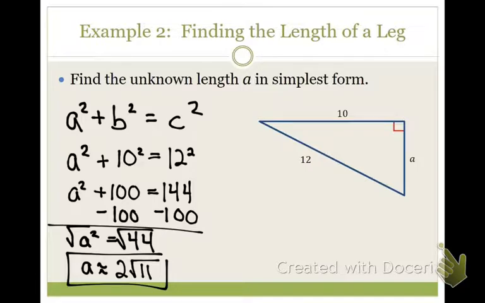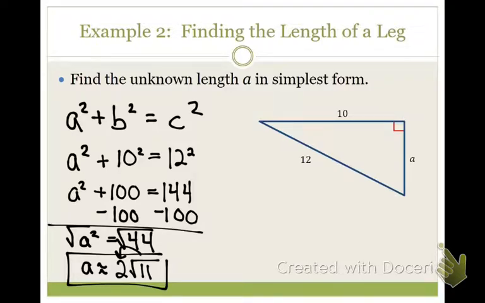There was a perfect square factor of 44. And if they pulled a 2 out, what does that mean the factor was? The square root of some number was 2 that they pulled out. So what was the perfect square factor? The 2 was the square root of 4.